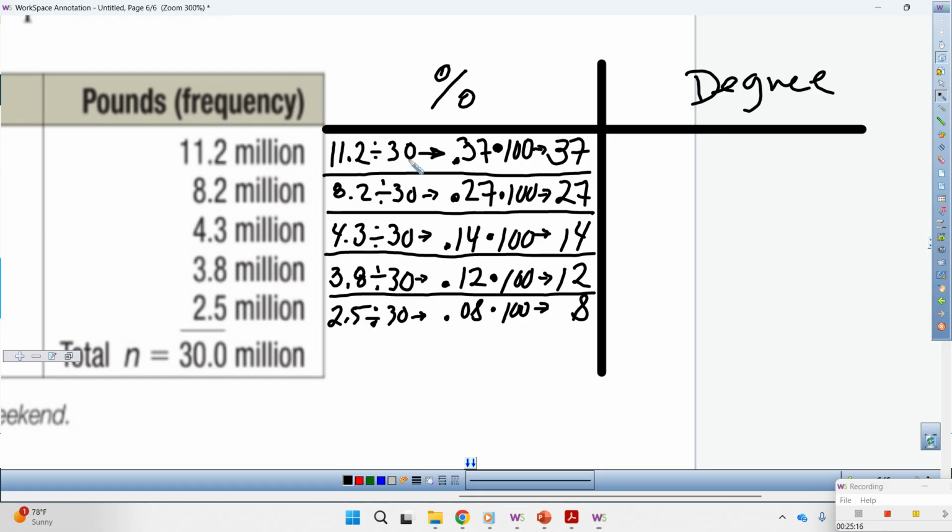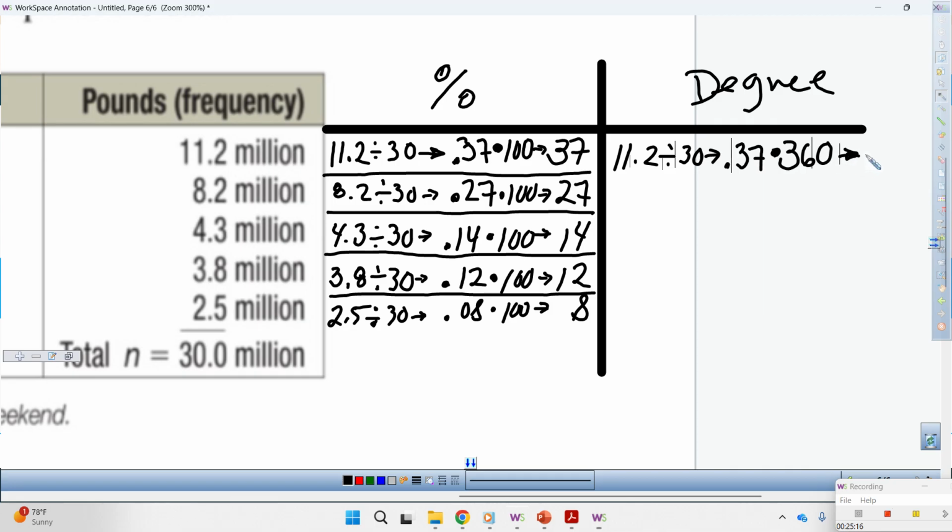So guess what? We do the same process, but instead of multiplying times 100, for degrees we multiply times what? 360. So let's do 11.2 divided by 30, which was 0.37, times 360. That gives us a degree.